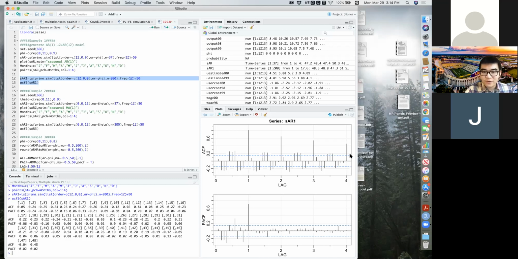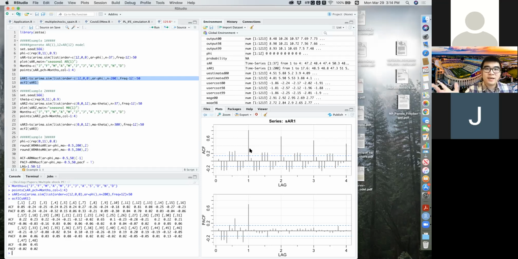And if you increase the lag of your ACF, you will see that it also tails off at lag 48. That means the ACF plot of this seasonal AR1 model tails off at lags Ks, where K is the integers 1, 2, 3, 4, 5, and S is the seasonality, which here is 12.